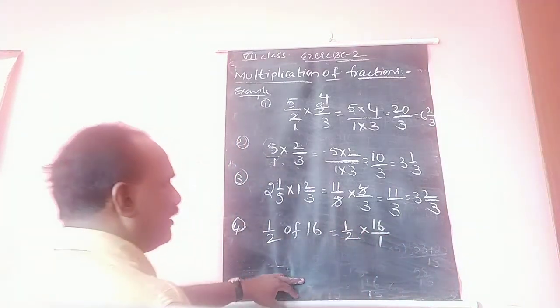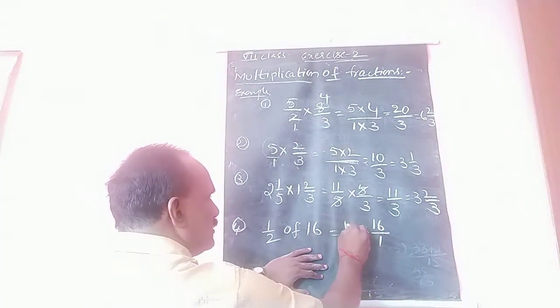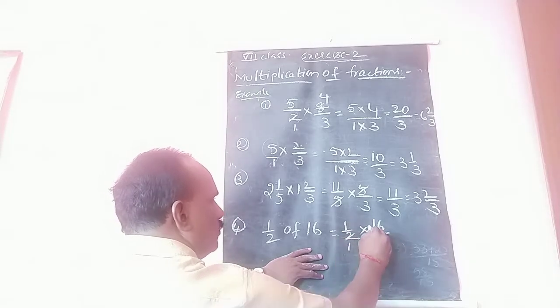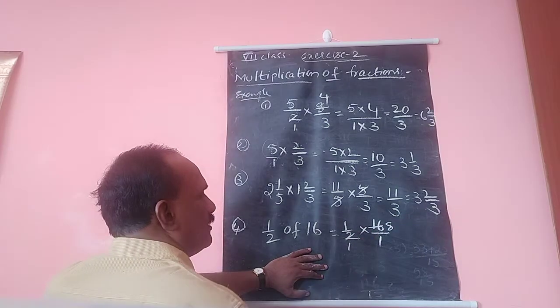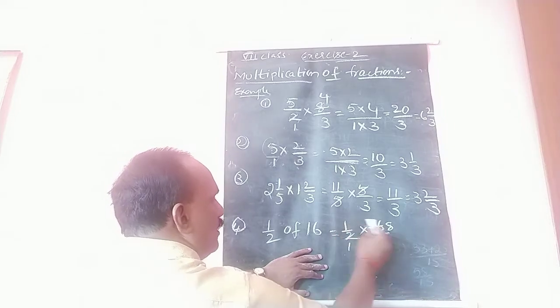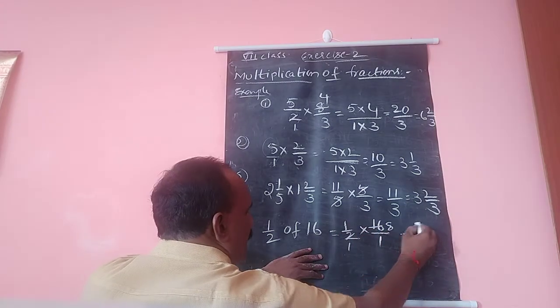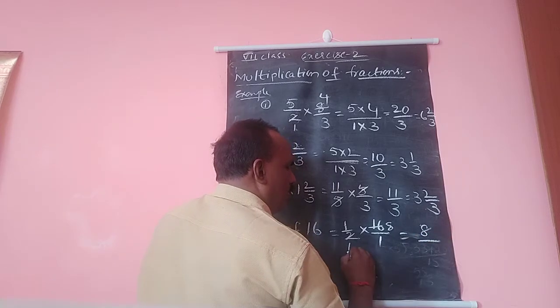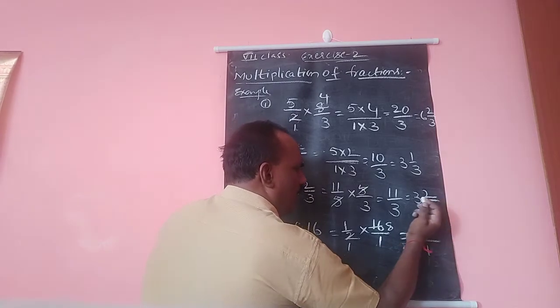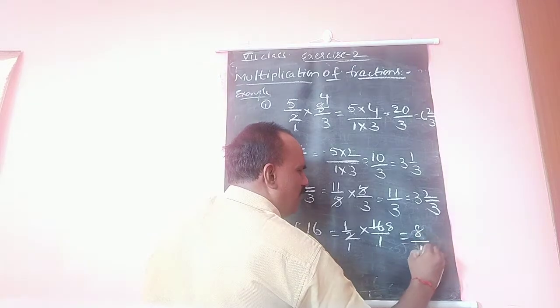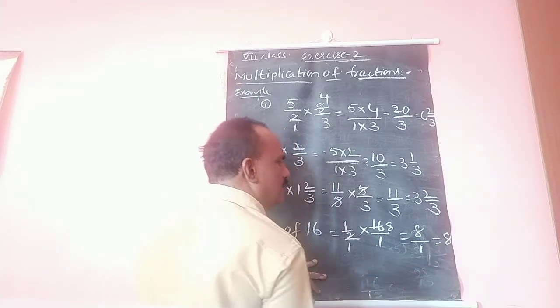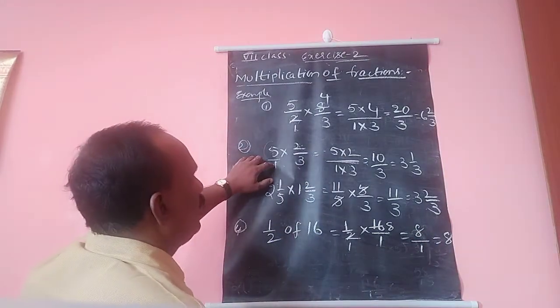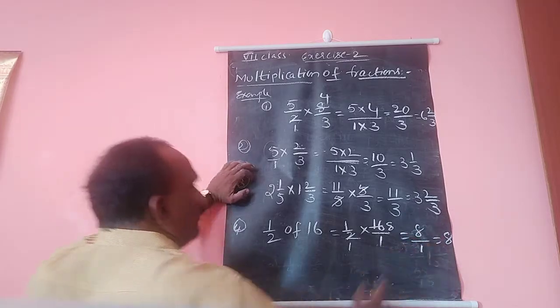Is there any cancellation? Yes: 2 ones are 2, 2 eights are 16. Then 1 into 8, 8; 1 ones are 1. 8 by 1. 8 by 1 means 8 only, just like 5 by 1 is 5 only.